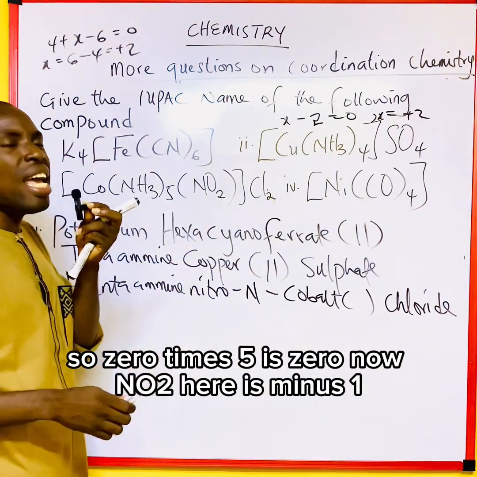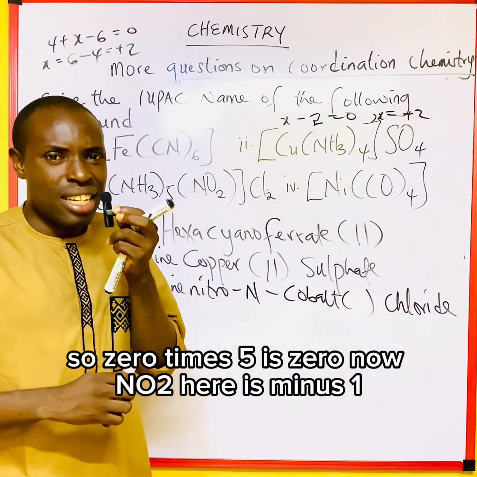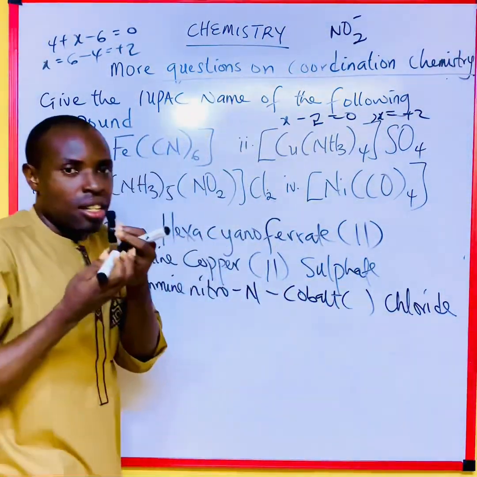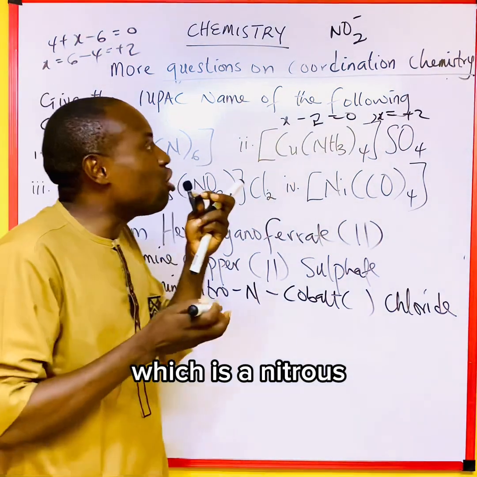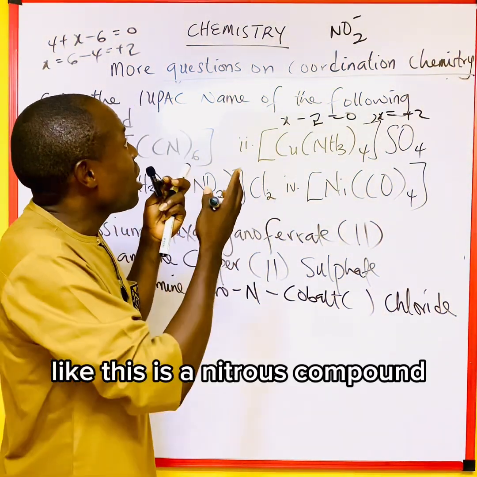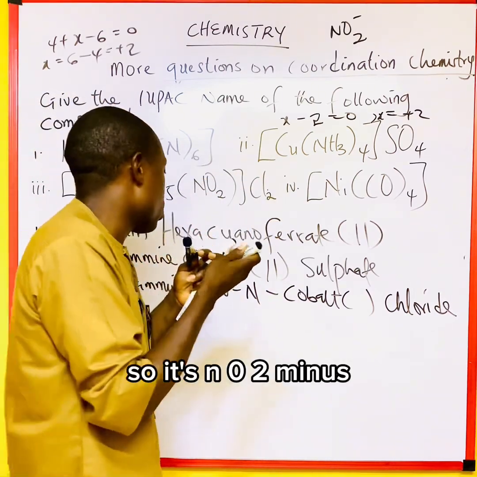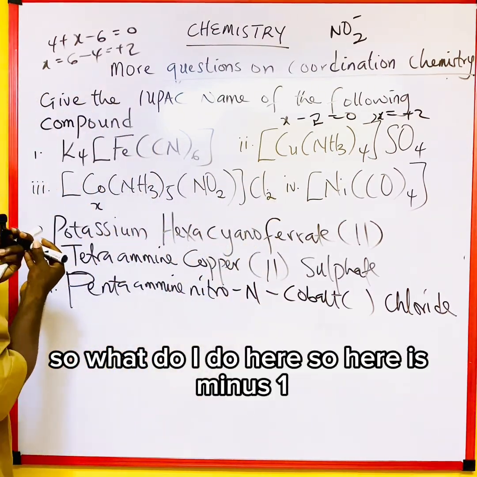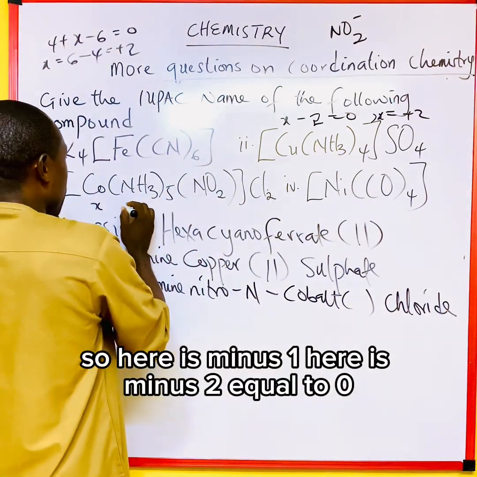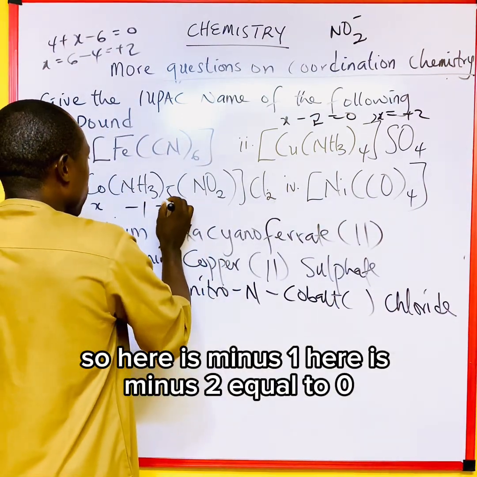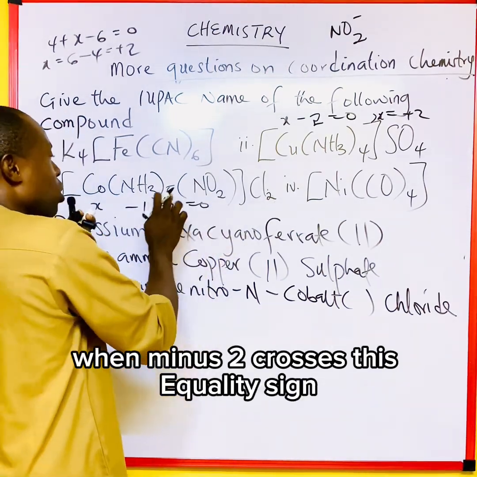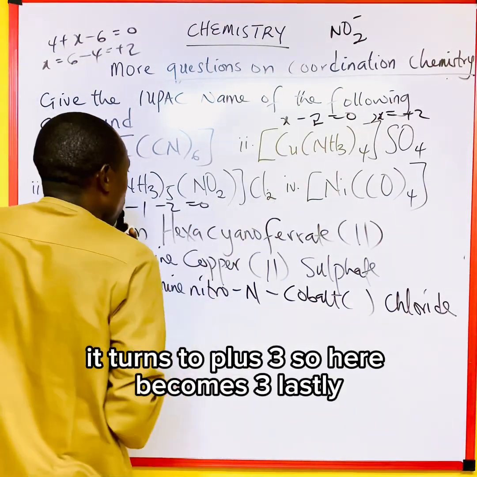Now NO2 here is -1, like this is a nitrite compound. So it's NO2 minus. So here is -1, and here is -2, equal to 0. So when -2 crosses the equality sign, it turns to +3.